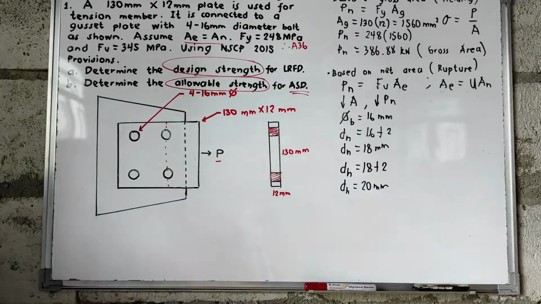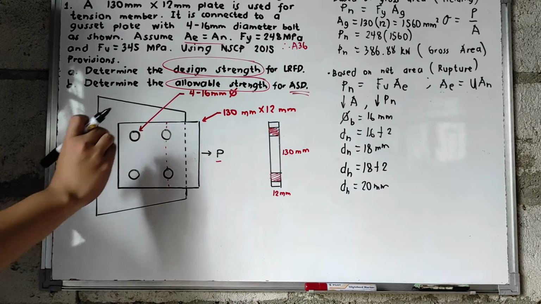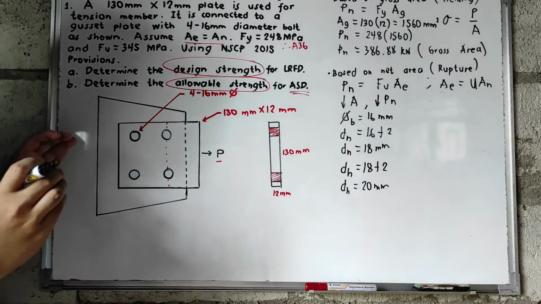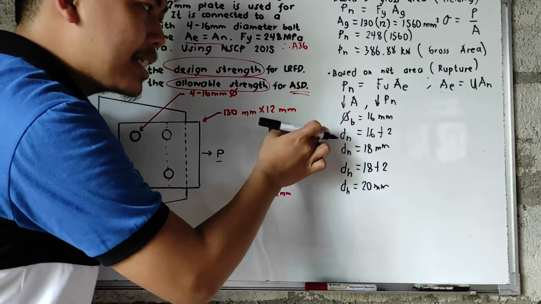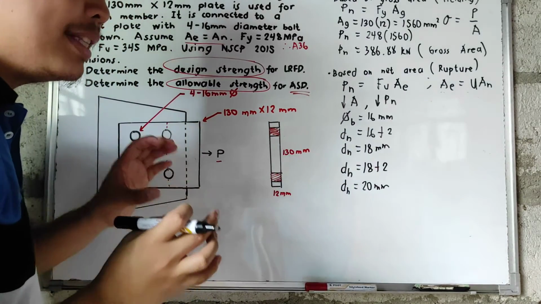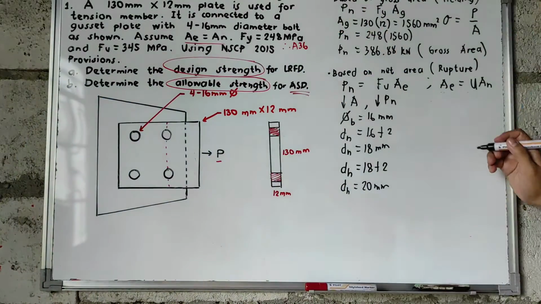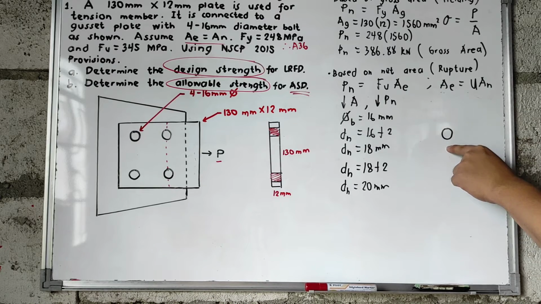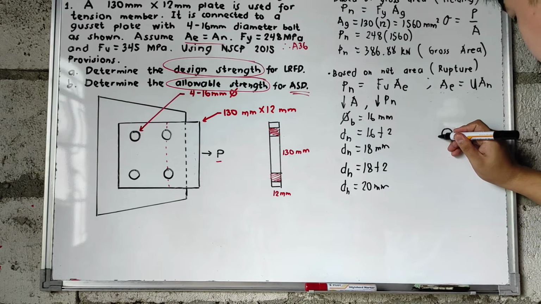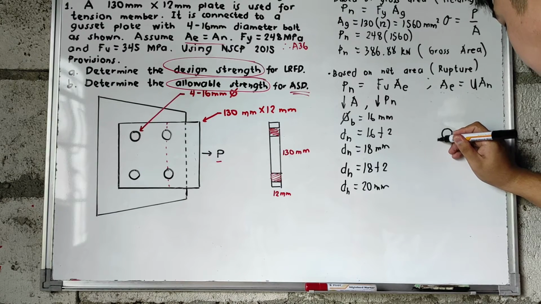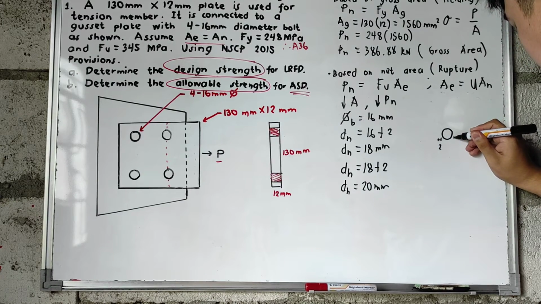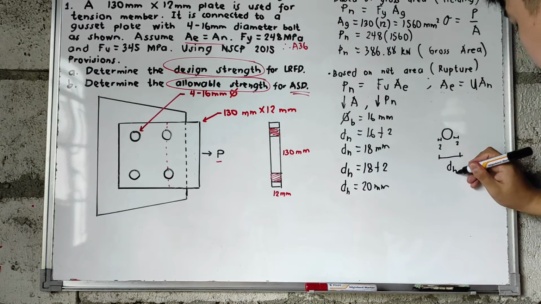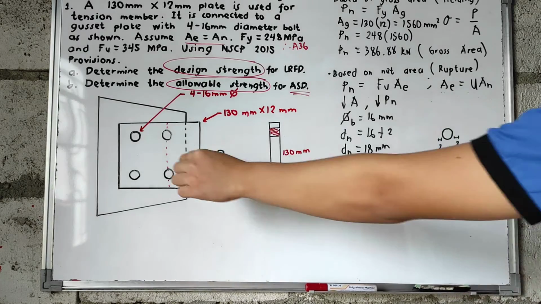Kasi para mag-connect etong bolts natin at saka yung plates natin, hindi naman natin bubutasan yung plate natin ng saktong 16 mm. So maglalagay tayo ng allowance. So let's say ito yung diameter ng hole natin, diameter ng bolt natin. So yung tendency is maglalagay tayo dito ng allowance na tig 2 mm. So mangyayari is ito na yung mako-consider natin na diameter ng mismong hole natin dito sa plate natin.